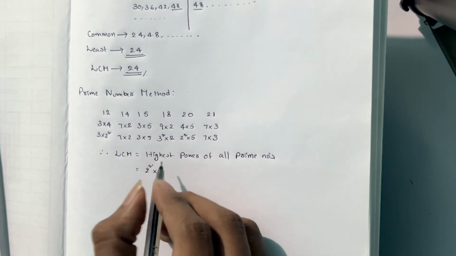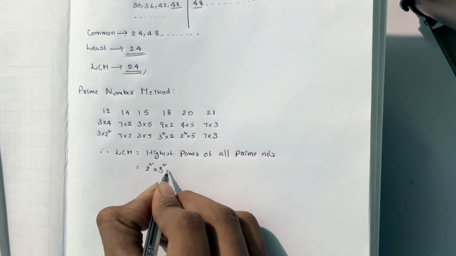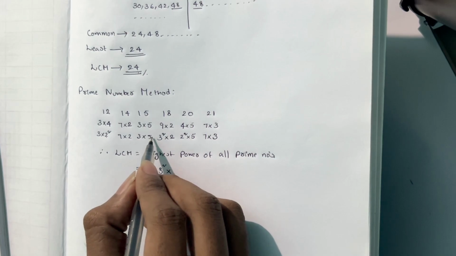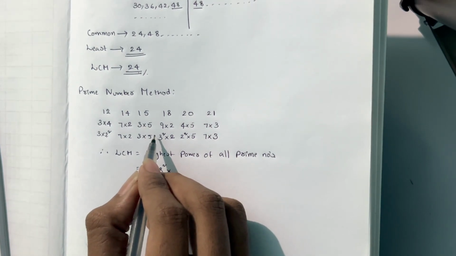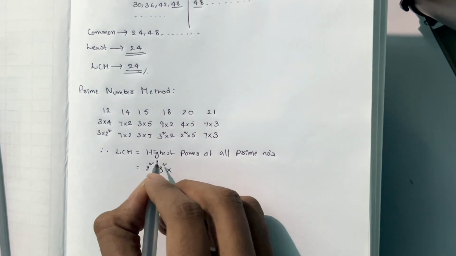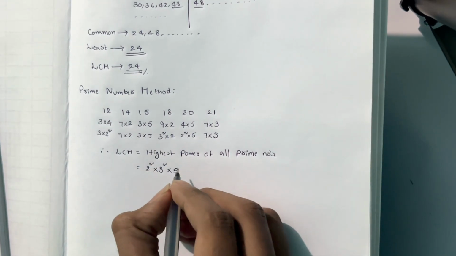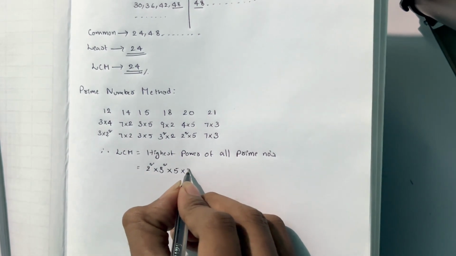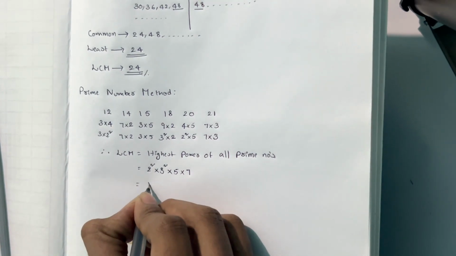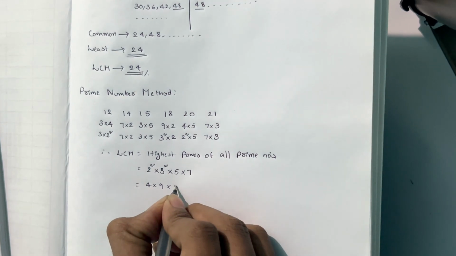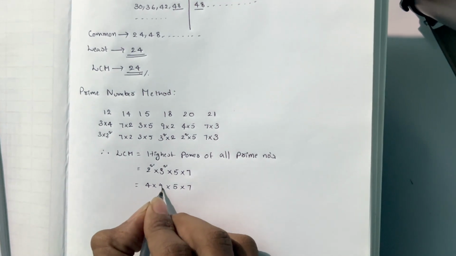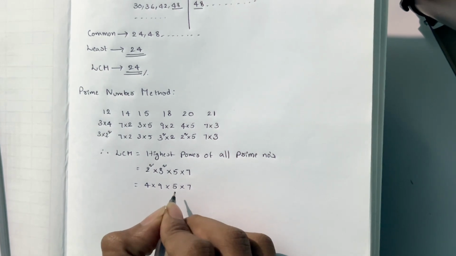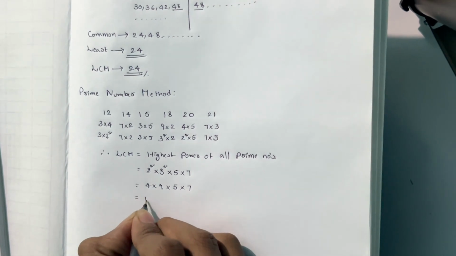For 2, we have 2 square, and there is no power higher than 2 square, so we take 2 square. For 3, here we have 3 to the power 1, so we are not considering that. Here we have 3 to the power 2, so we consider the highest power of each prime number among all the values. So 3 square, into 5, which has a single power, and we don't have more than a single power of 5, so I'm considering 5, into 7. In the same way, 7 has a single power. So 4 into 9 into 5 into 7: 4 nines are 36, 36 into 5 is 180, 180 into 7, the value is 1260.